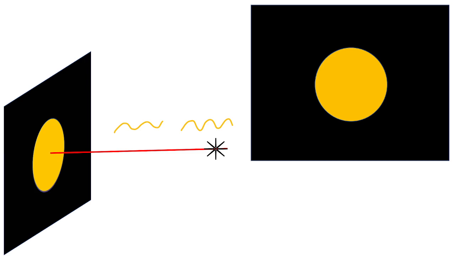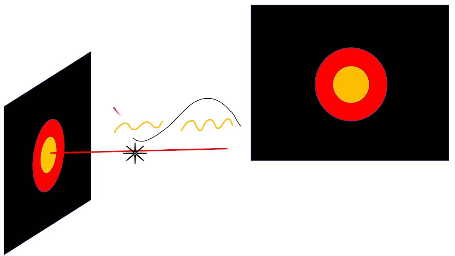But as soon as the point moves towards the screen, the distance is reduced to half. The area of half period zone is reduced by half. So two half period zones, the yellow and the red, half period zone number 1 and 2, are exposed and they cancel out each other, and we get a lesser bright spot.